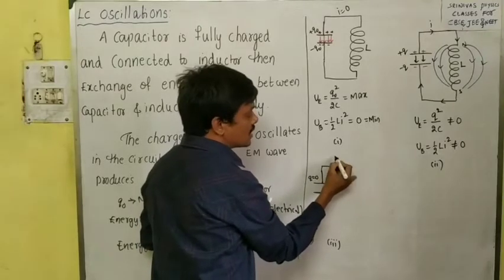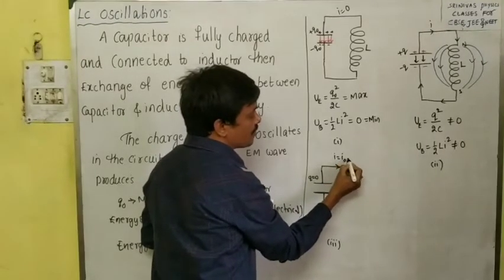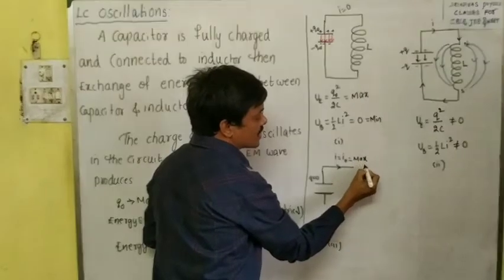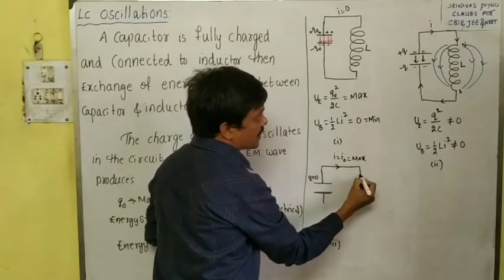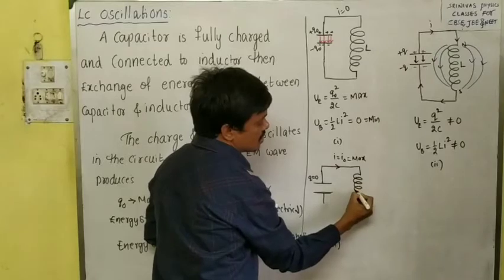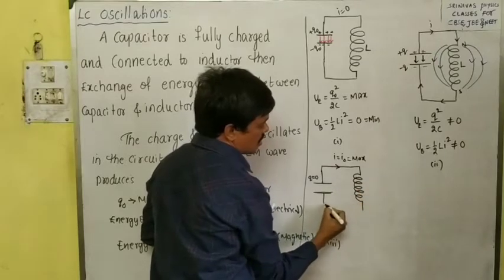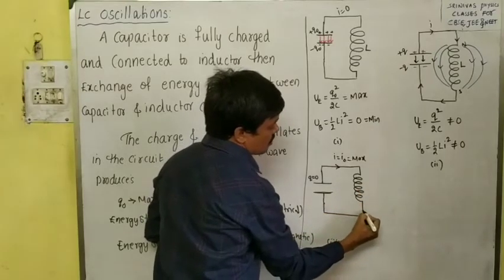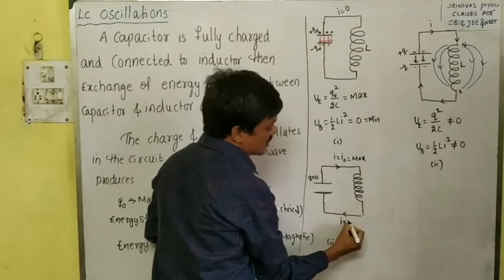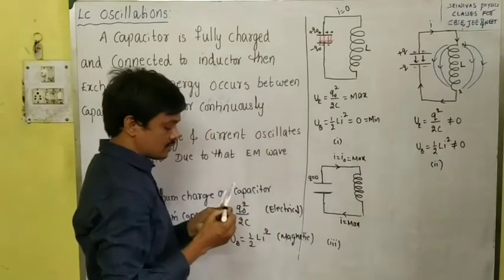That's when the current in the circuit becomes maximum, right? When the current becomes maximum, the energy stored in the inductor also becomes maximum.